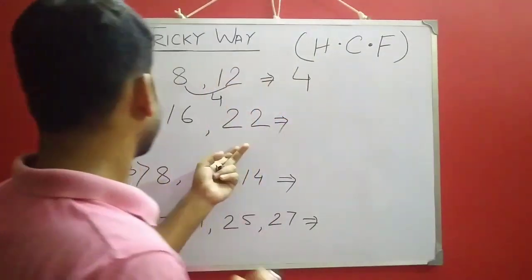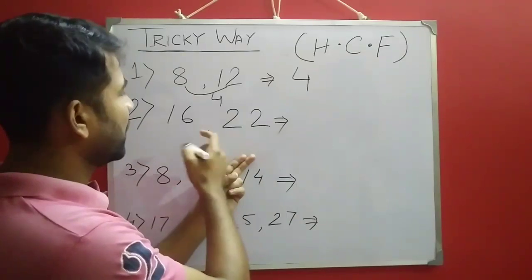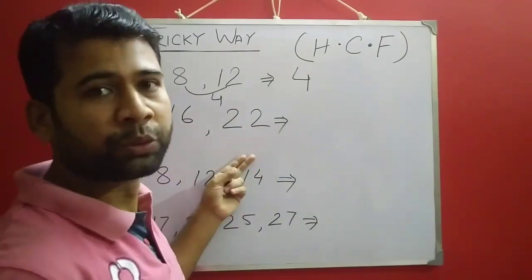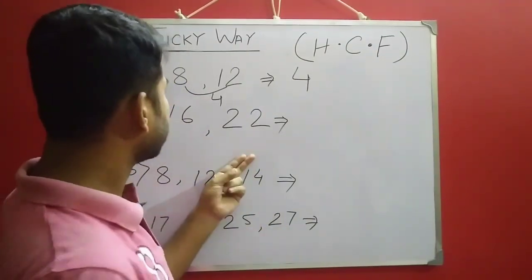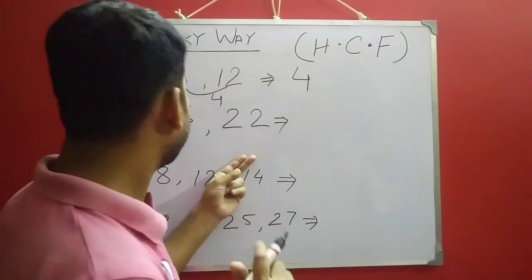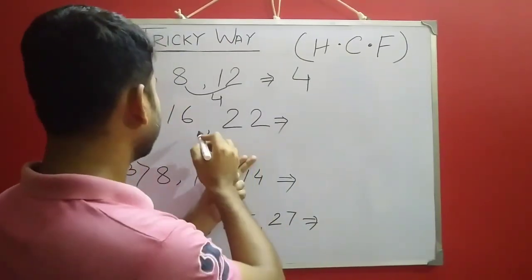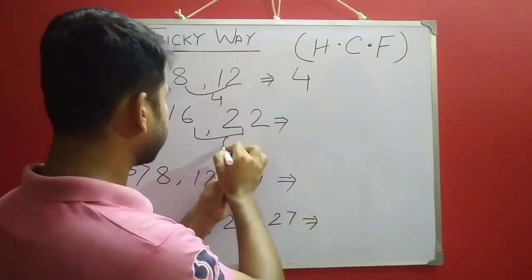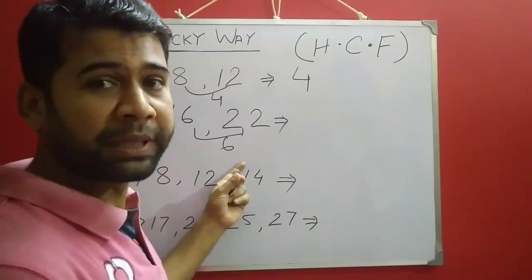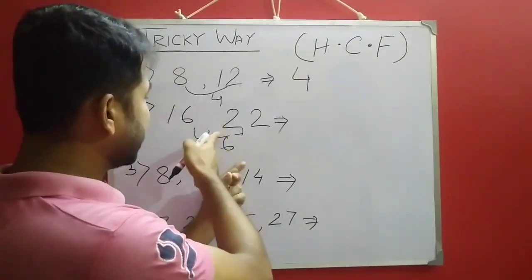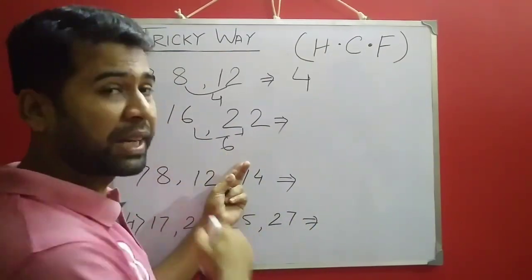Clear? So, moving to our next question, that is 16 and 22. Find the HCF of 16 and 22. The first step is to calculate the difference between the numbers. The difference is 6. Next we have to check whether the difference is a divisor of the numbers or not. Is 6 a divisor of 16?